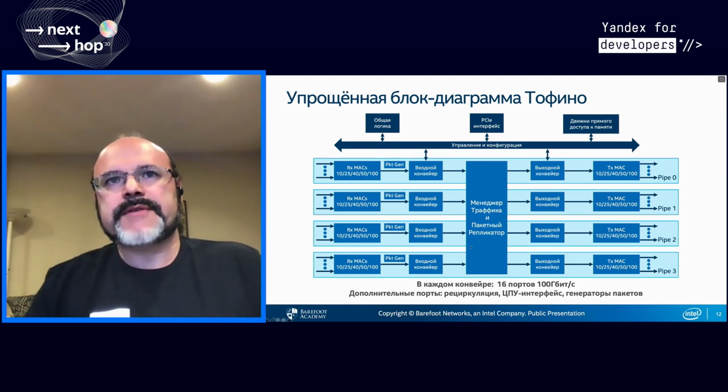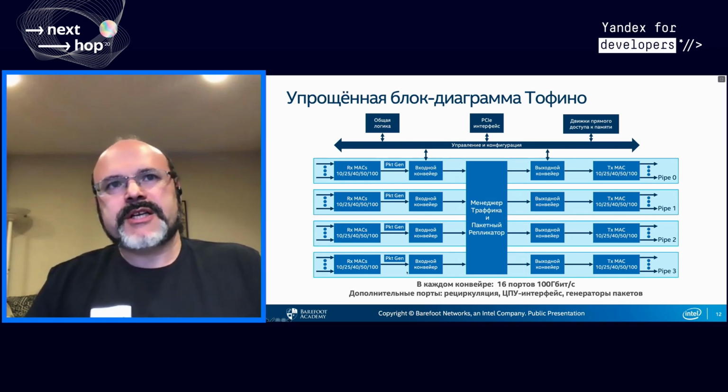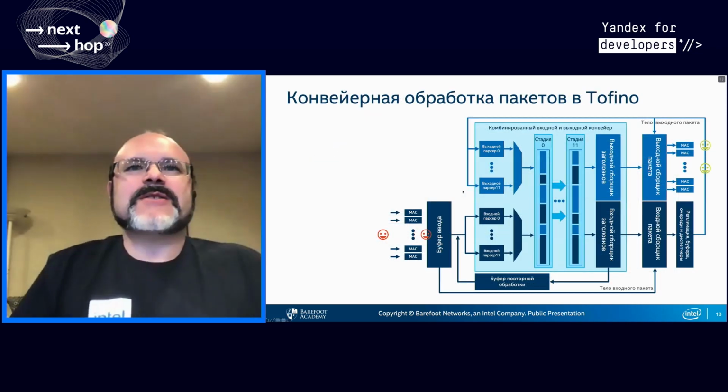And what happens is that they have this traffic manager and packet replicator, which are attached to all the 4 pipelines, which is why data can be moved from one pipeline to another pipeline. We make a choice where to send our data at the beginning and in the middle as well.